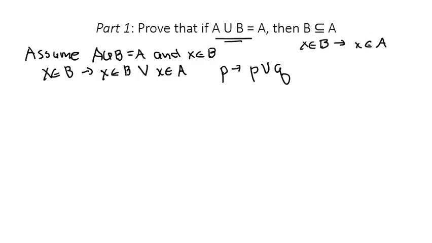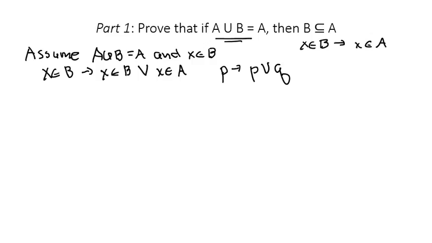For example, if today is Sunday, I'm watching a football game while I'm doing this, that's a true statement. If I say today is Sunday or today is Monday, that's a true statement because today is Sunday. If I say today is Sunday or I'm in California, that's also true because today is Sunday. If I know that P is true, I can say P or anything.